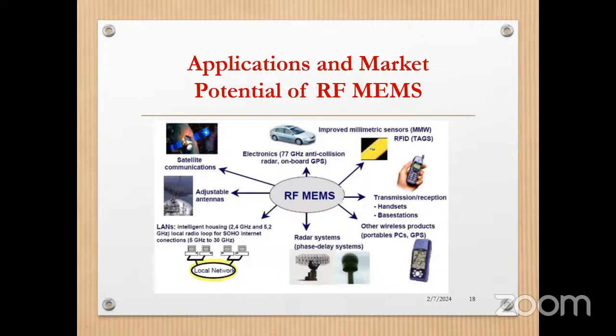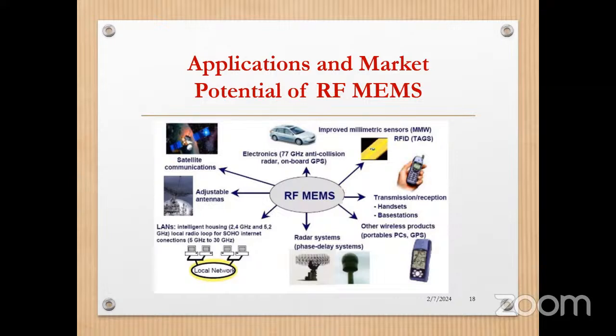Once the size is reduced, power consumption is reduced, and once the power consumption of the component is reduced, automatically the battery lifetime is going to be longer. That is why nowadays a mobile phone with a 5,000 milliampere hour battery works for a longer duration.